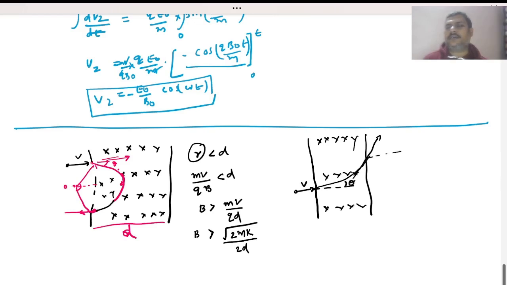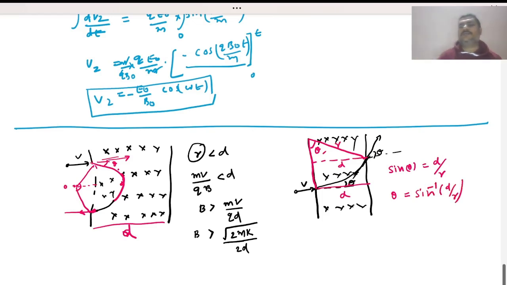According to the law of circles, the normals drawn to the tangent points make the same angle at the joining point. So this angle and this angle are the same. This distance is d and the radius is r, right? So sin theta is equal to opposite by hypotenuse, that is d by the radius r. So theta is sin inverse d by r. Here theta is the deviation angle.